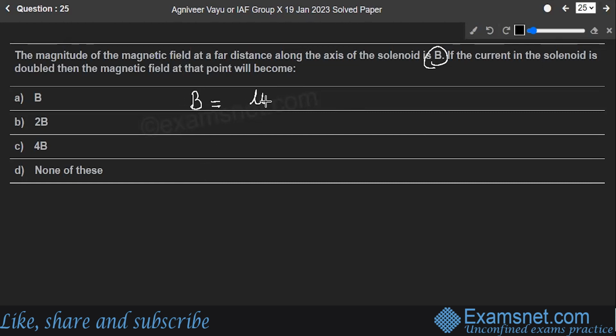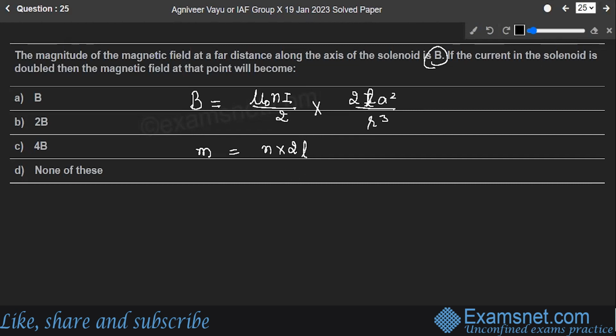Now, magnetic field at a distance on the axis of the solenoid is given by B is equal to mu naught upon 4 pi into 2 IA square upon R cube. Therefore, the magnitude of the magnetic moment of the solenoid is given by M is equal to N into 2L, wait, this is not I, this is L. Sorry, I write L over.